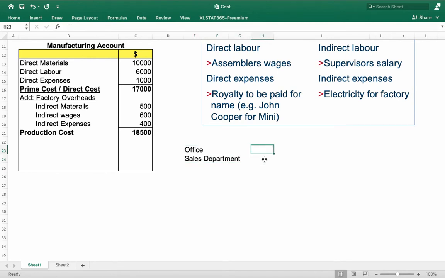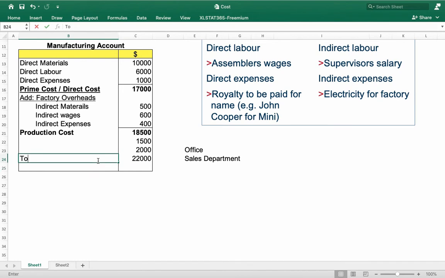So what about those? Those we will take after finding the production cost. Once we have the production cost, I will add office related expenses and sales department related expenses. Suppose office related expenses are 1500 and sales department related expenses are 2000. Now you add up, and that will be known as total cost.